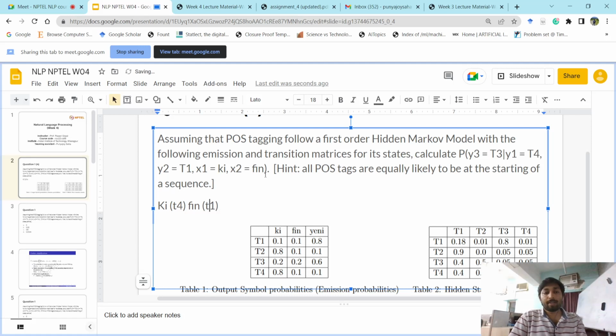And now you have to find the third word, that is x3. We do not know what x3 is, and we have to find the probability that this is t3.